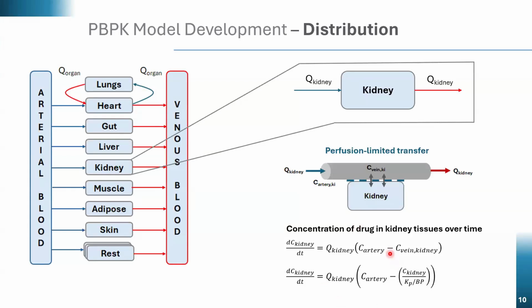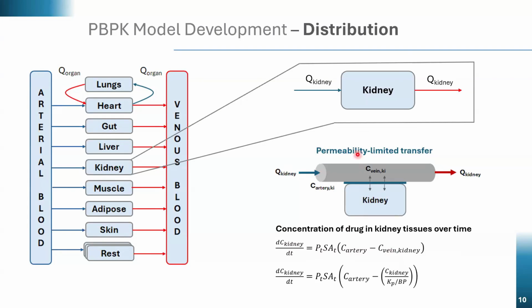Now, the second mechanism is called permeability limited transfer. In permeability limited transfer, what we are saying is that it is this permeable membrane that determines how much of the drug we see in the kidney.